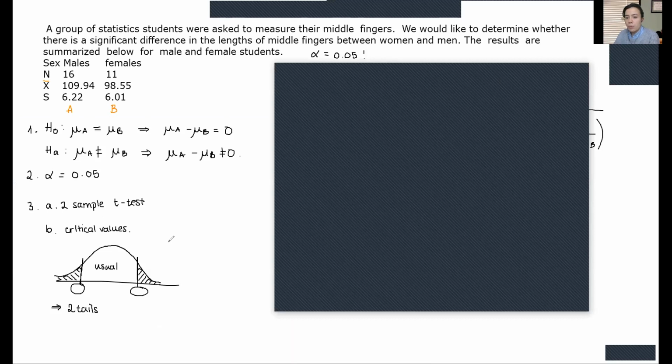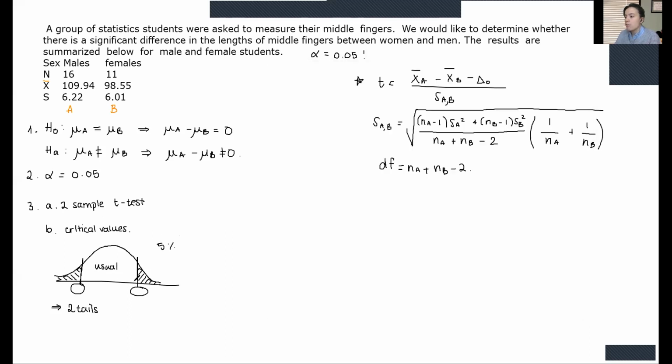Okay, so what I have is that I'm trying to find a value that separates the extreme 5%, because this is 5% over here, from the middle 95%. And I have to remember that my tail is a two-tailed test. Now, because I have two samples in this case, I'm going to have to determine the degrees of freedom through the formula that is given in the test, right?